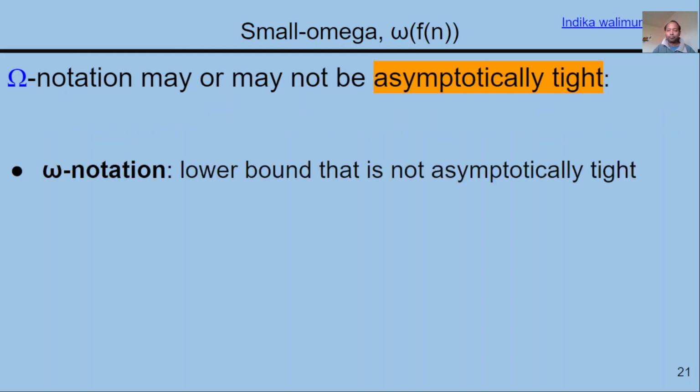Then we can define a small omega notation. It's a lower bound that is not asymptotically tight. If the bound is not tight, then we can use small omega notation.